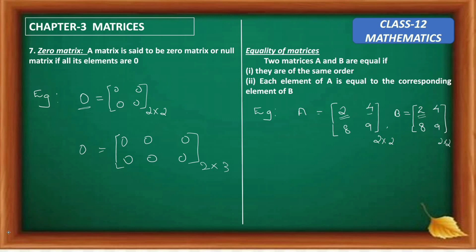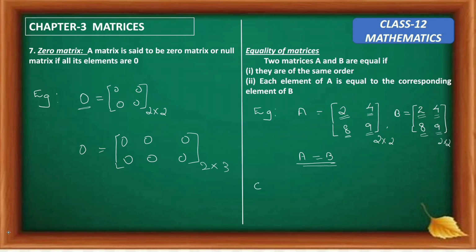Then the second element, that is 4. In here also 4. Then in the second row and first column, that is 8. In here also second row and first column 8. Then second row second column 9. The element in the second row second column is also 9. All the elements are equal. That's why we can write A equal to B.